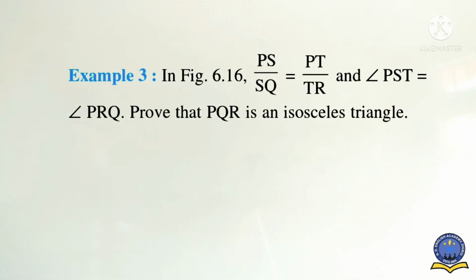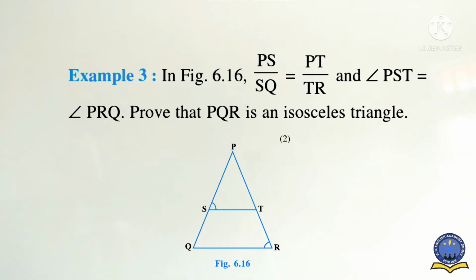Now today with related to the converse of Thales theorem, we have to do one example, which is example number 3. The example is given in the figure. PS by SQ equals PT by TR and angle PST equals angle PRQ.